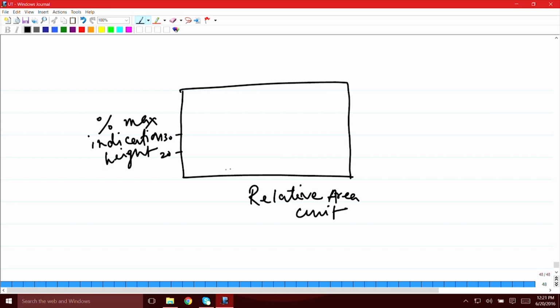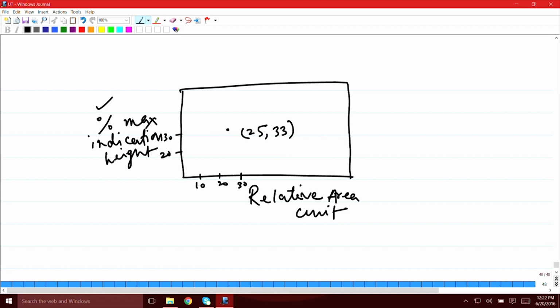That means the first point was 25 and 33. So, it was somewhere around here. Okay. So, this is your first data point, which is 25, 33, because we have plotted in terms of percentage on the y axis.